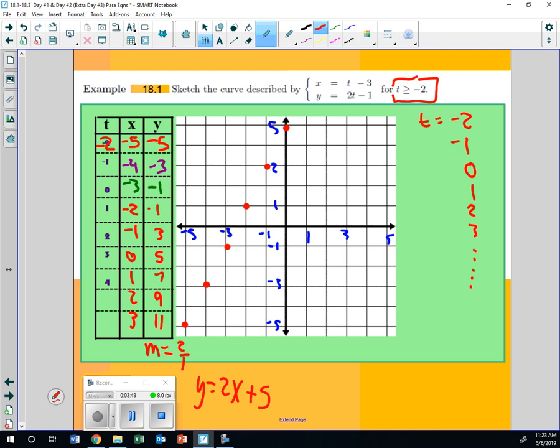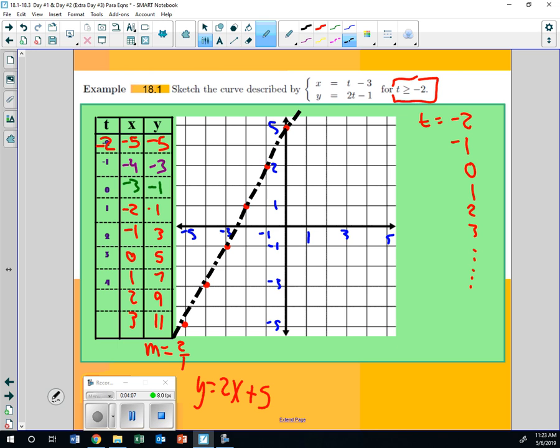Yep. And then kind of hard to see here, but you can kind of tell. It's going to be that straight line. Definitely y-intercept at 5, slope of up 2 over 1, up 2 over 1. How we doing?